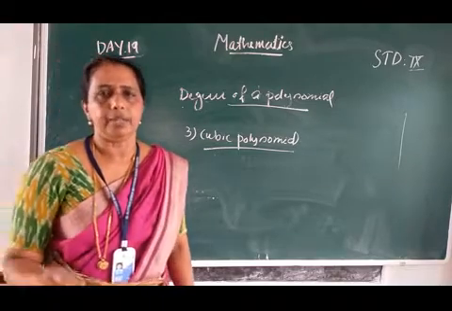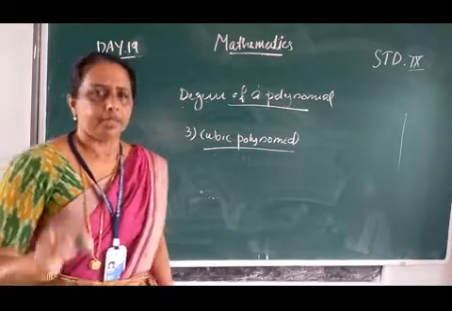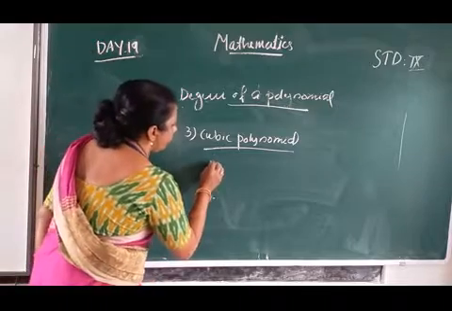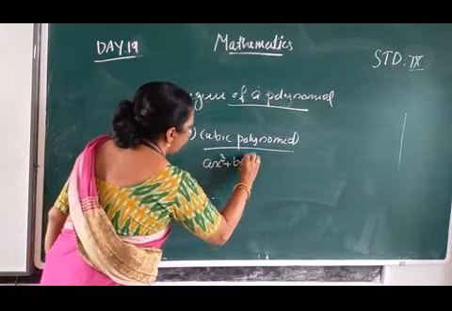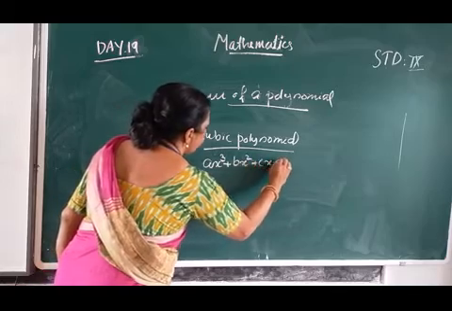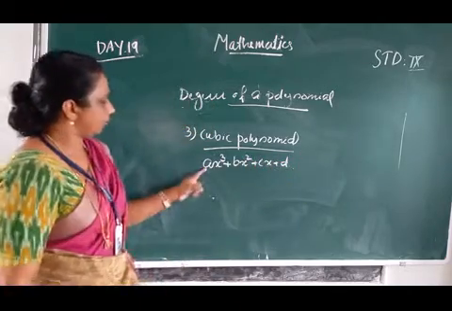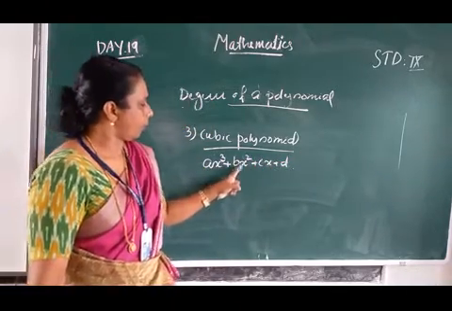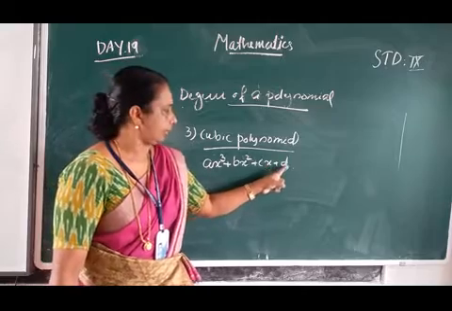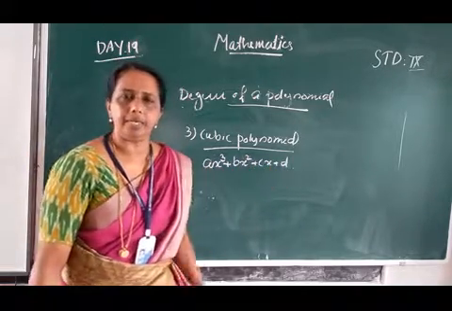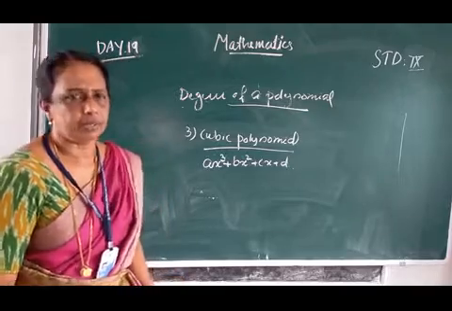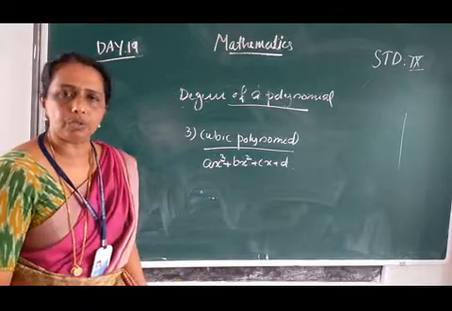A polynomial in the variable x of degree 3 we can write as ax cube plus bx square plus cx plus d, where a, b, c and d are real numbers and a is not equal to 0.